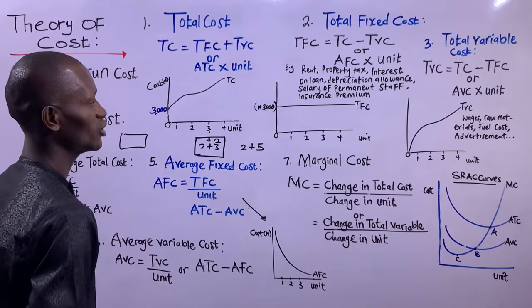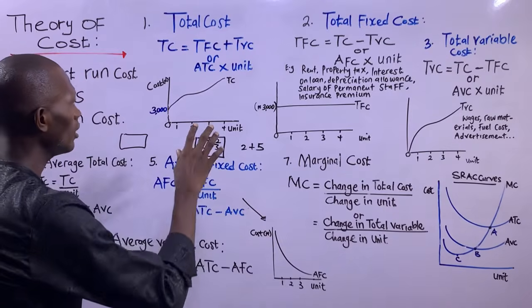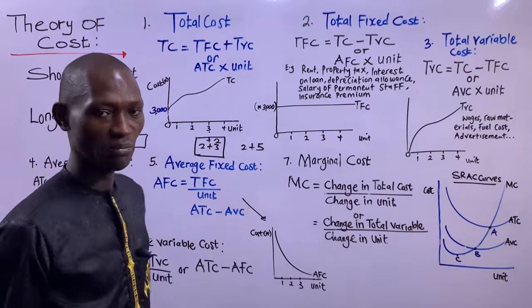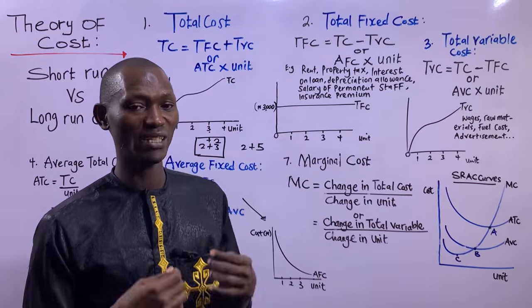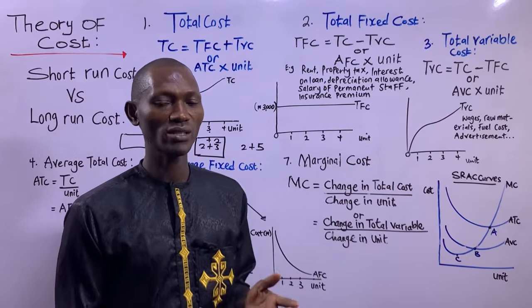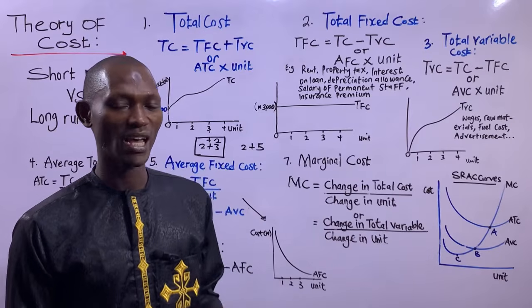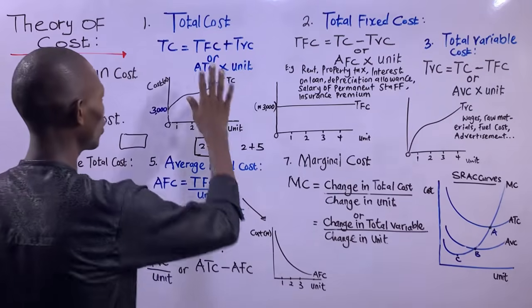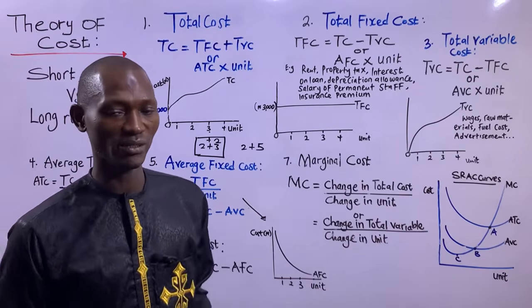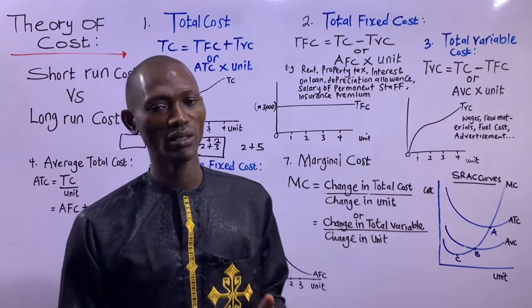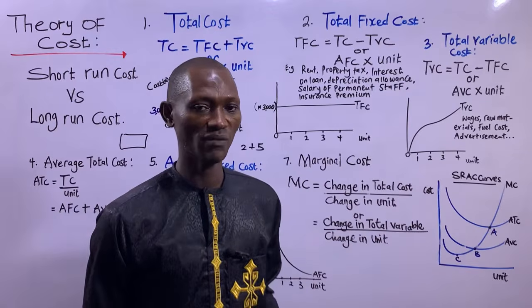Let's do that together. So, when we say cost, basically, like I've explained, the total cost of production that is incurred comprises elements of fixed and variable. So total cost, now let's start with total cost. Total cost is the total expenses incurred in the production of goods or services.